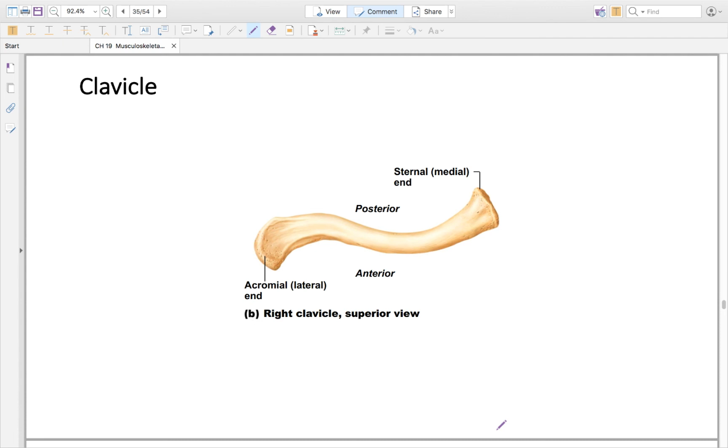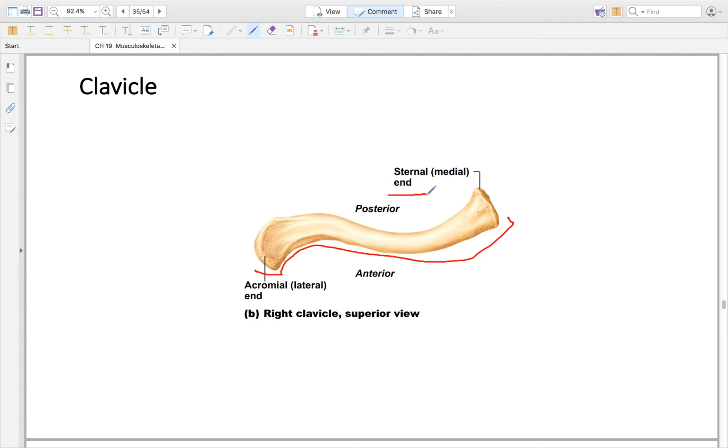Now, here's the deal with the clavicle. It has a very distinct S shape. One side of the clavicle connects to the sternum, the other side is going to connect to the scapula. This is the end that's connected to the sternum.